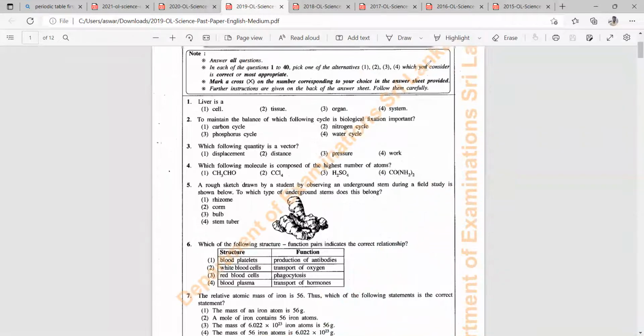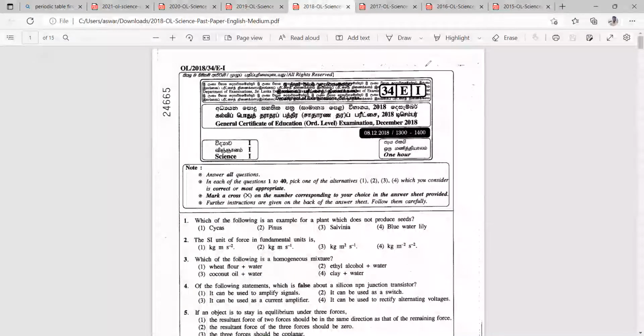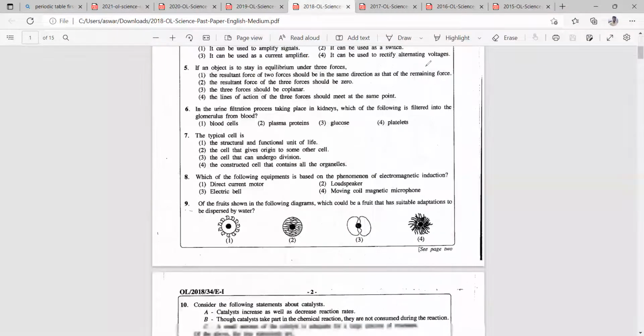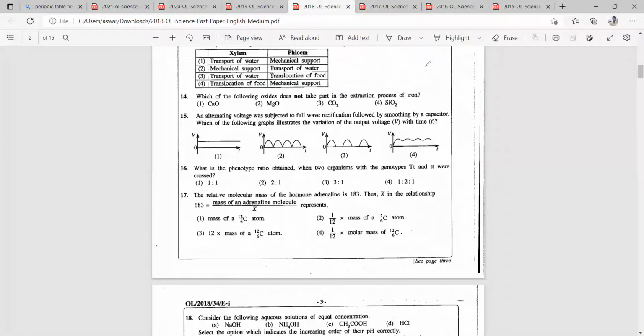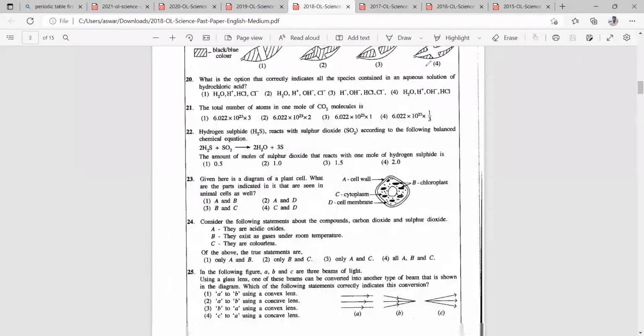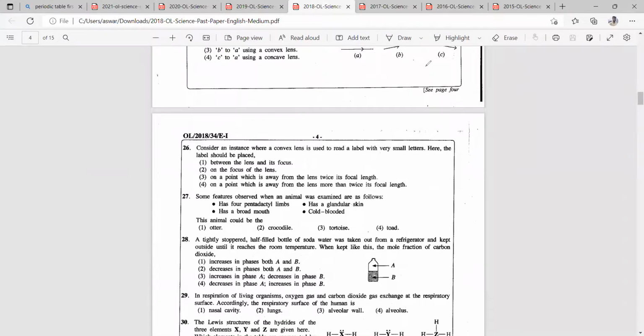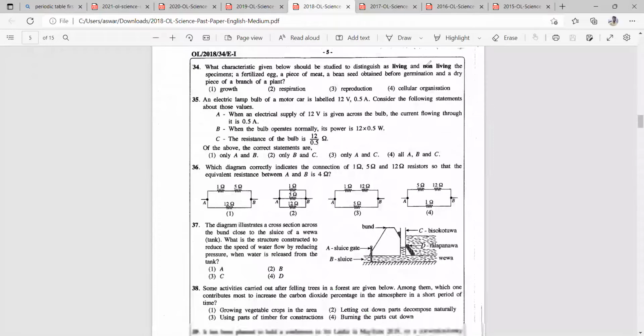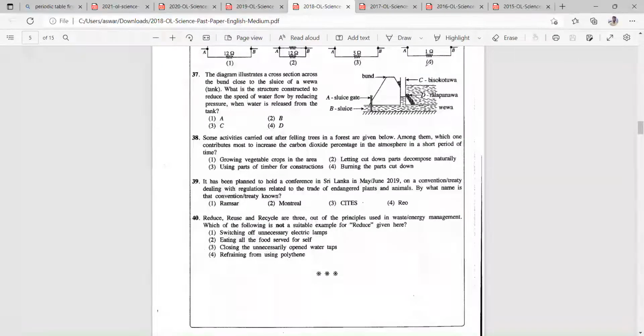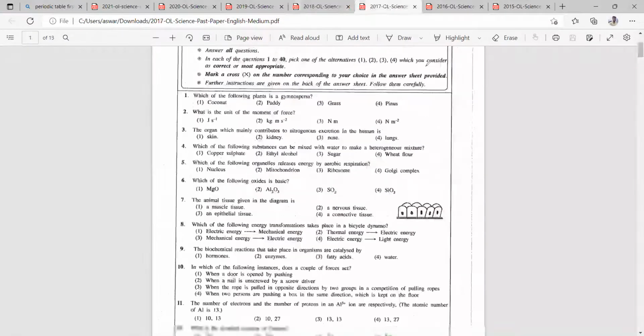We shall move to the 2018 paper. Right, there are no questions in 2018.